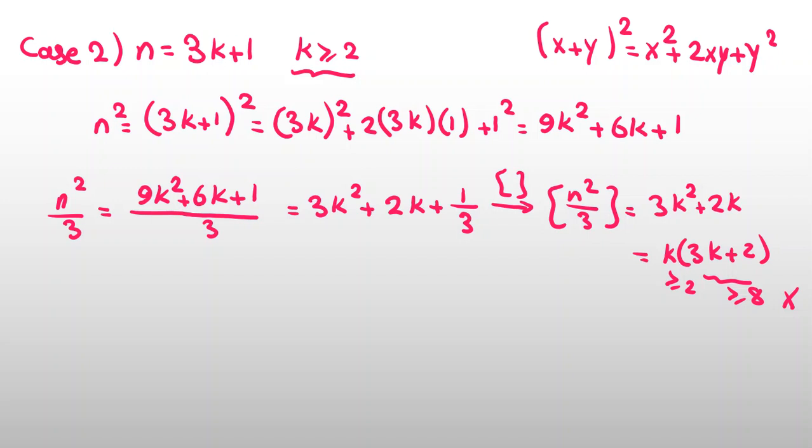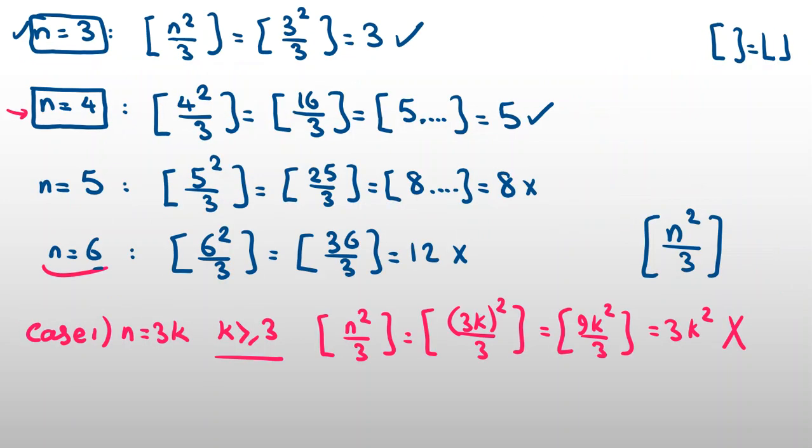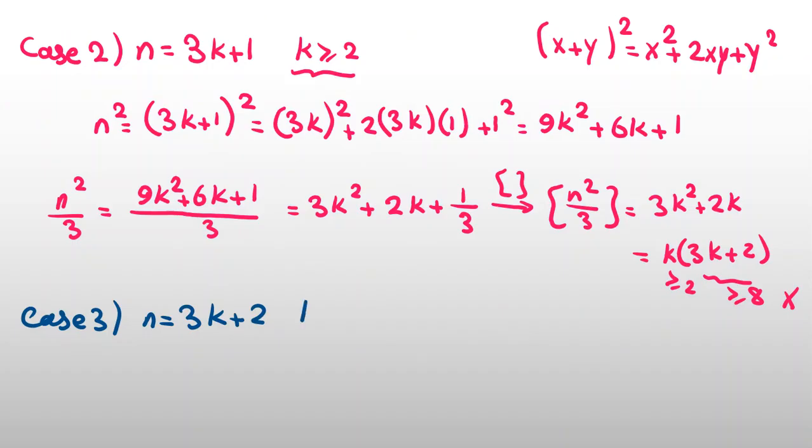So let's consider the last case, number 3. The remainder is 2, n equal to 3k plus 2. Because we've checked up to 6, in this part 3k plus 2, k is 1. So here again, we can consider k is at least 2. N squared, if we use again this formula, is 3k plus 2 squared.